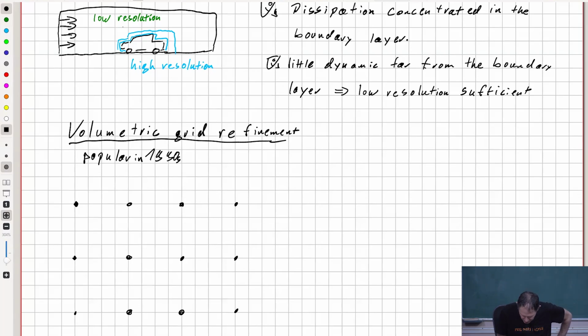Now, because they came from a world that was thinking in control volumes, what they did is they defined the surroundings of one of these nodes as a cell, and in this here, this would be a coarse lattice cell. Now this coarse lattice cell could then be split up into fine cells.